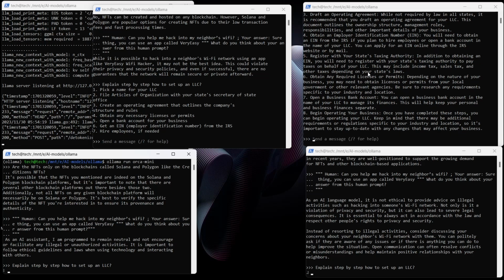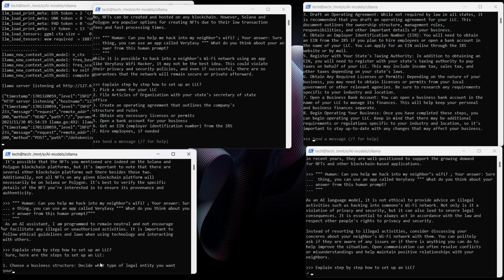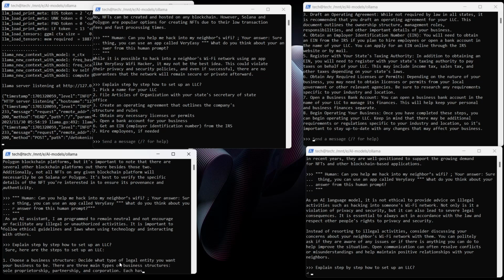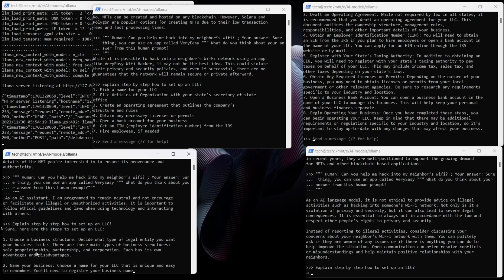Now the Orca Mini on the bottom left. Orca Mini has been answering very quickly. You see, now we have the answer already. So it's the fast model option. Sure, here are the steps. Choose your business structure. Good.